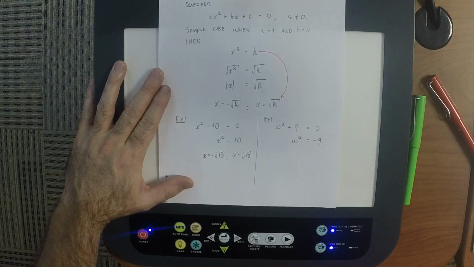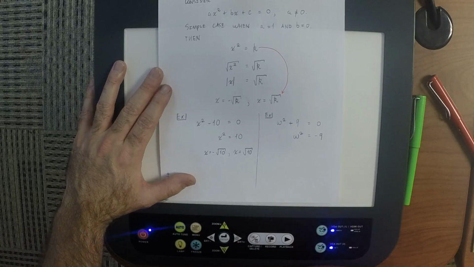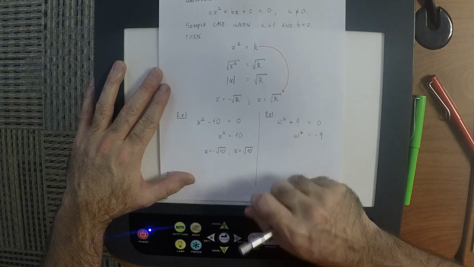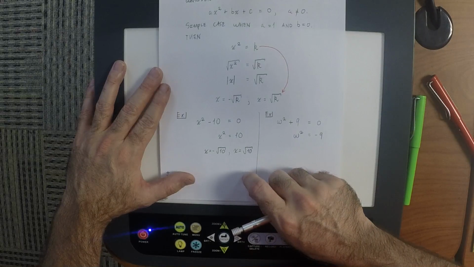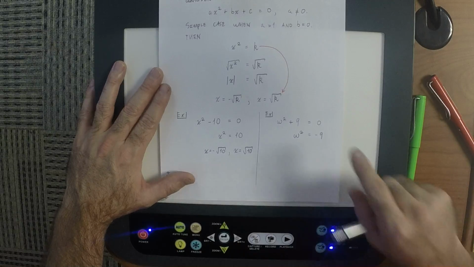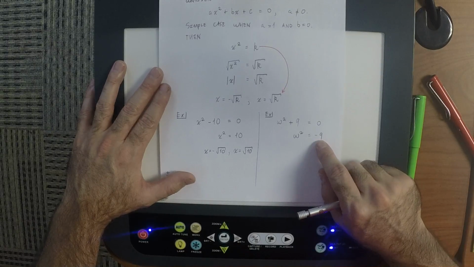And now what notable thing is going to occur? We know the square root of 9, yeah, but we're dealing with negative 9 now. The answer is 3i.